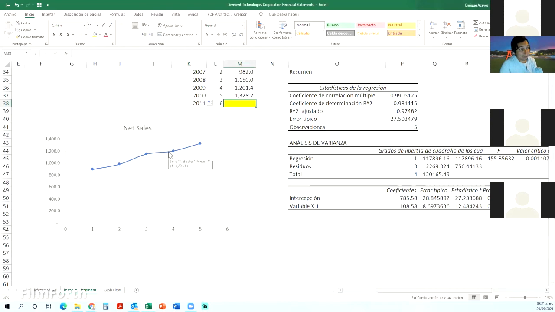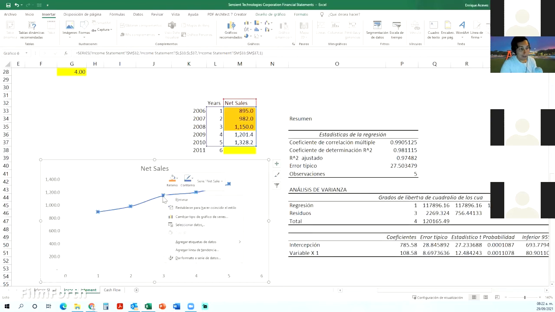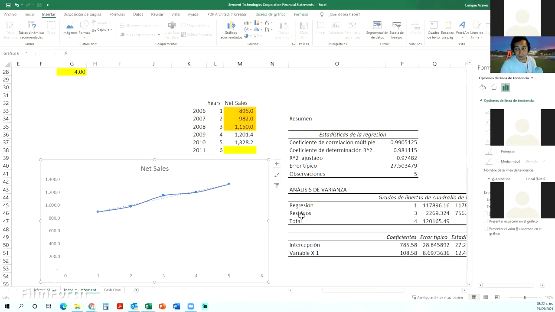So in Excel, you will click on the line, right click, so it can display these options, and add trend line. And it will show you this linear trend function.